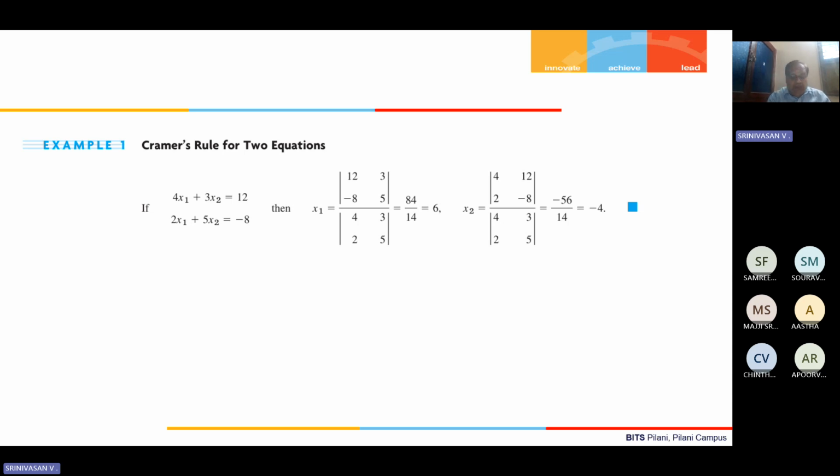So what is the solution now? So how will we write this now? Actually, what we are supposed to write, not just writing x1 and x2. Your question is what? Solve the following system of equations using Cramer's rule.